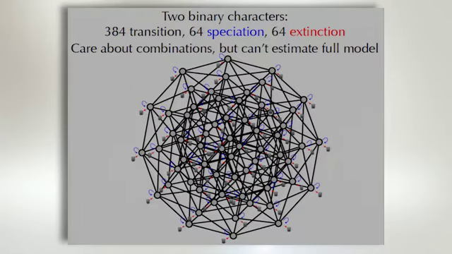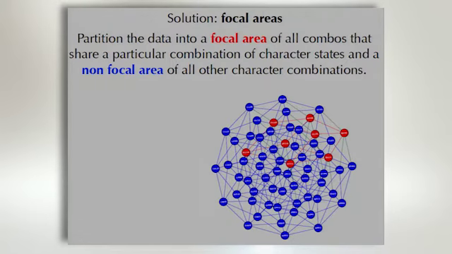So our solution then was to create what we call focal areas. And so we partitioned these data into what we call the focal area, which is all character combinations that possess a particular character combination. So in red I have here all the character states that include, for example, corolla present, bilateral symmetry, and fused stamens, regardless of the state of the other 3 characters.